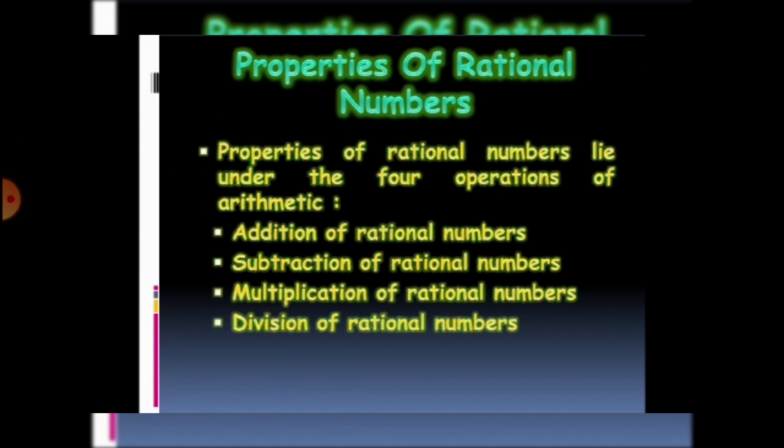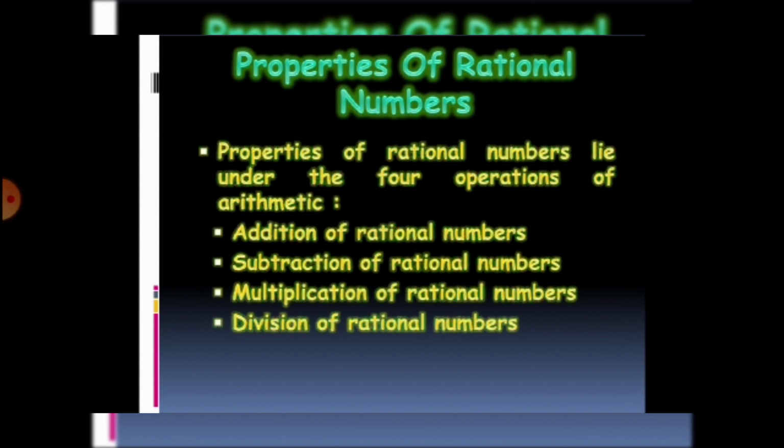And what we observed is under addition, closure property, commutative property, associative property, all are applicable. For subtraction, closure property is applicable, commutative and associative is not applicable. Then in multiplication, closure, commutative, associative, all are applicable.